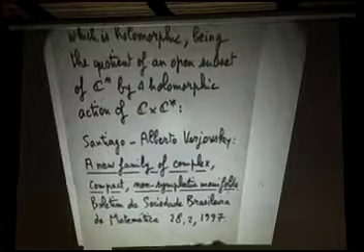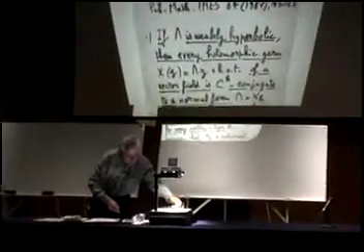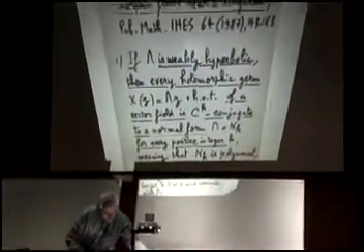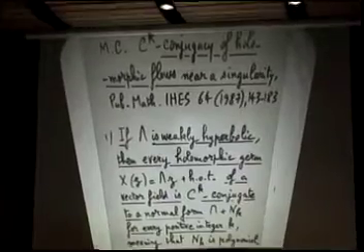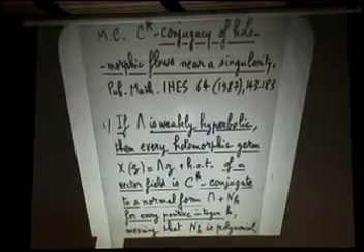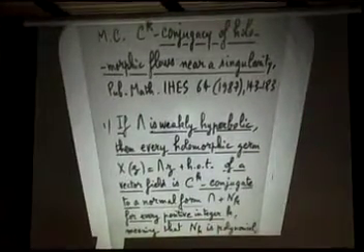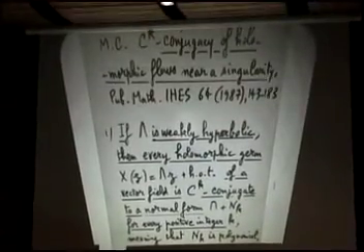Okay, so how did I get to work with Santiago? Well, in fact, I had used this same function f to do something rather different. It was published a little later in the Publications mathématiques de l'IHÉS.